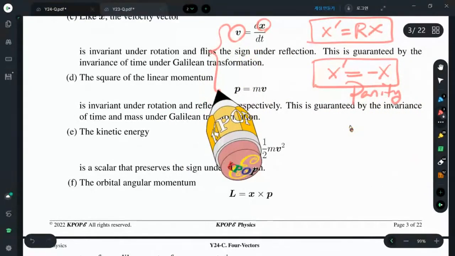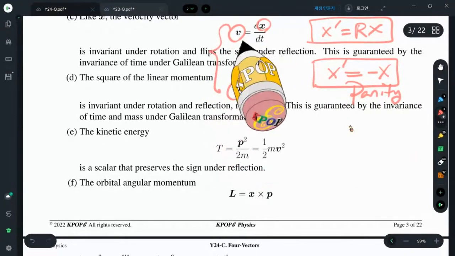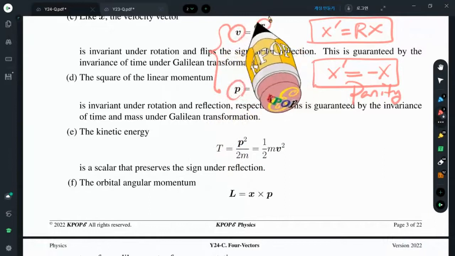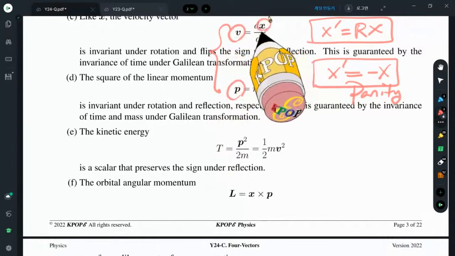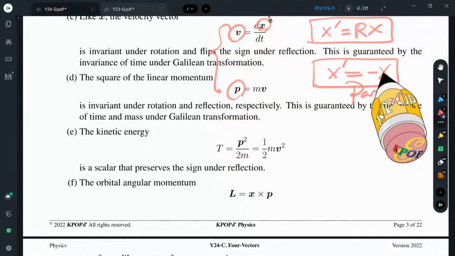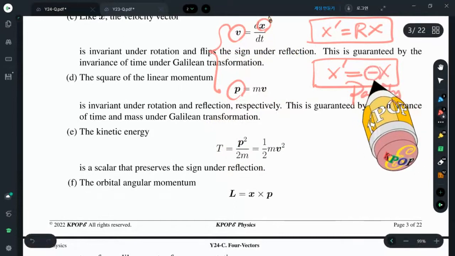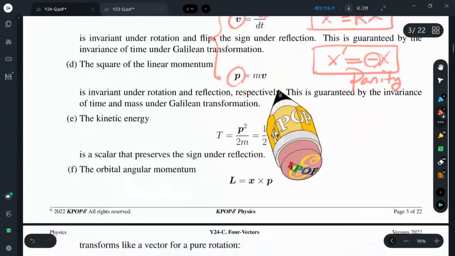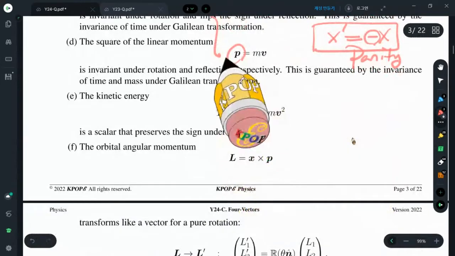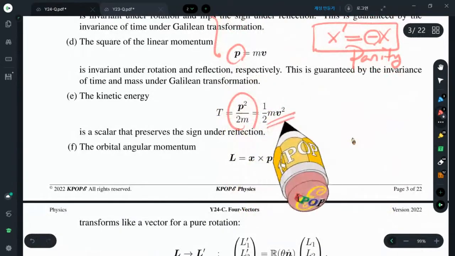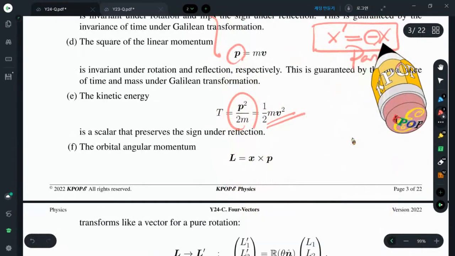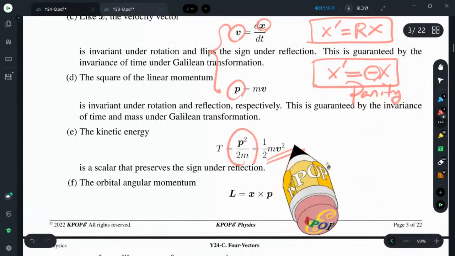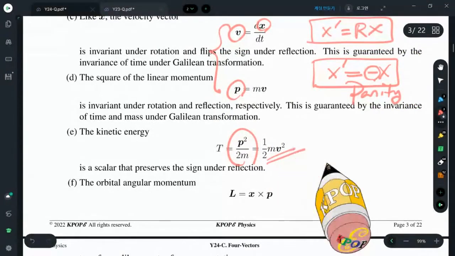This is true for momentum because it is a time derivative of position vector, and that is a vector that changes its own sign under parity. And kinetic energy, that is p squared, is an invariant under rotation and parity. That is called the scalar.